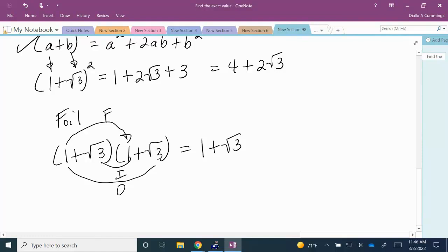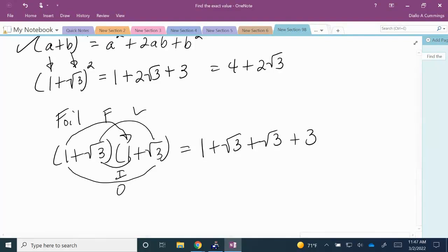I would multiply my innermost terms: the square root of 3 times 1 is another square root of 3. I will multiply my last terms: the square root of 3 times the square root of 3 gives me the square root of 9, and the square root of 9 is perfectly 3.